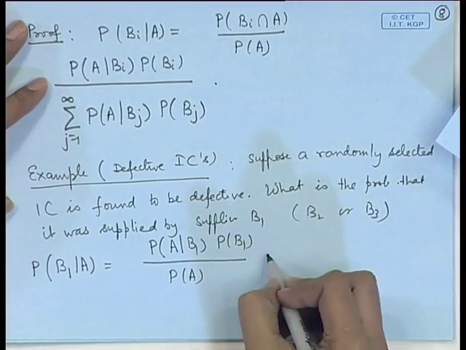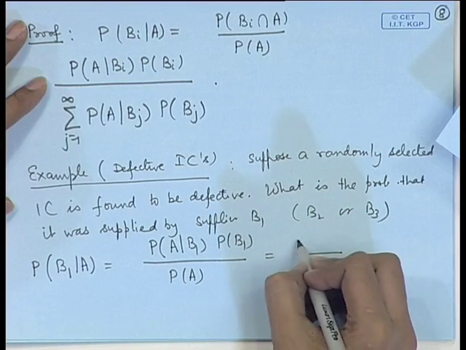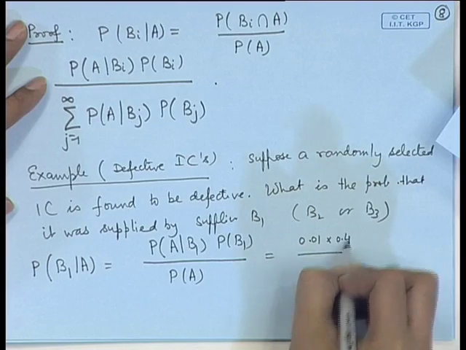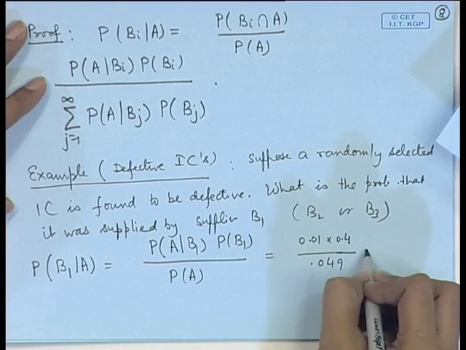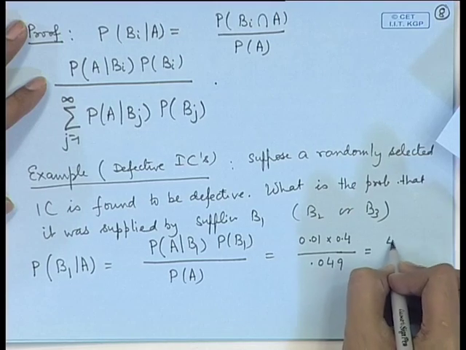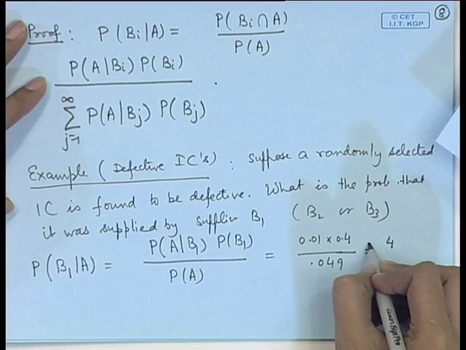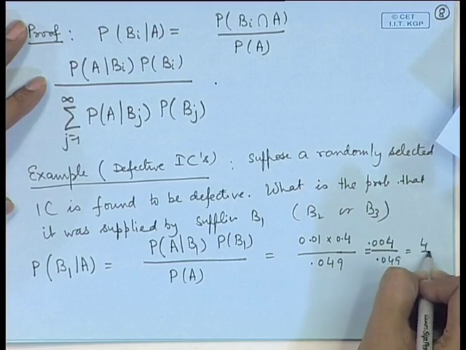So, it becomes simply probability of A given B 1, that is 0.01, into 0.4, that is the probability of B 1, divided by 0.049. So it is 0.004 by 0.049, which we can write as 4 by 49.